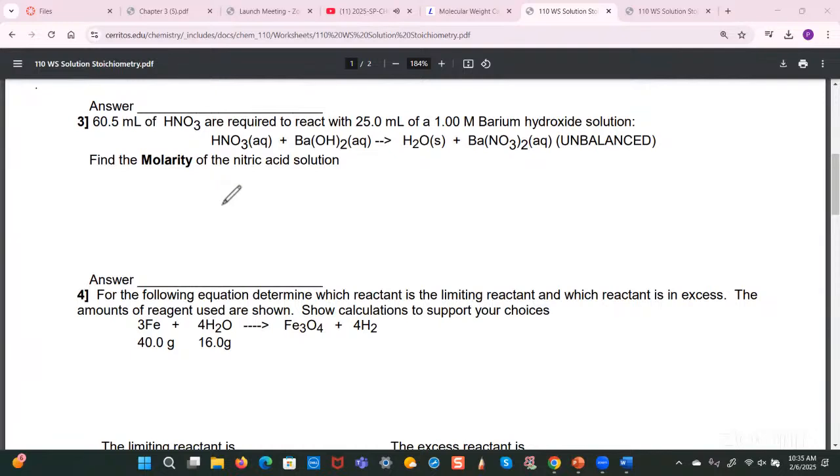Oh, that's 3, 4 here. So how would you go about balancing it? The 2 in front of the HNO3?